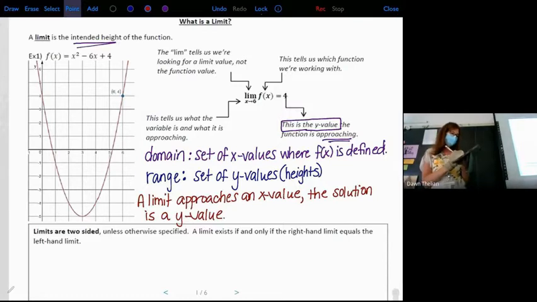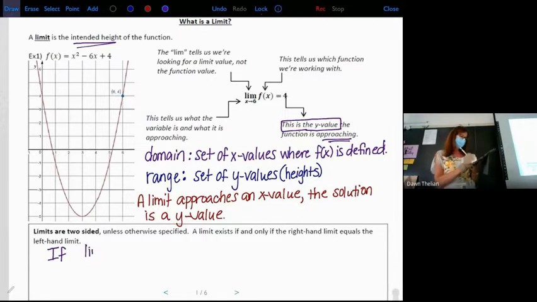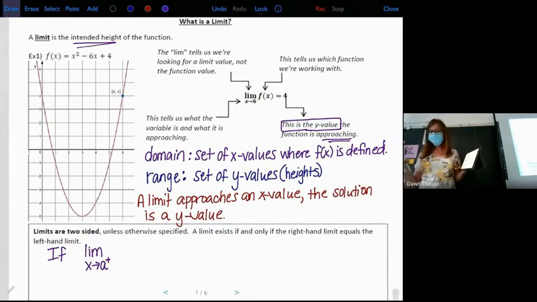So let's write out this notation, and now we can practice writing our limit notation. The limit as x approaches a. Now here's where my new notation is going to come in. After you write down the limit as x approaches a, sort of like an exponent on the a, I want you to put a little plus sign. That little plus sign means from the right side.